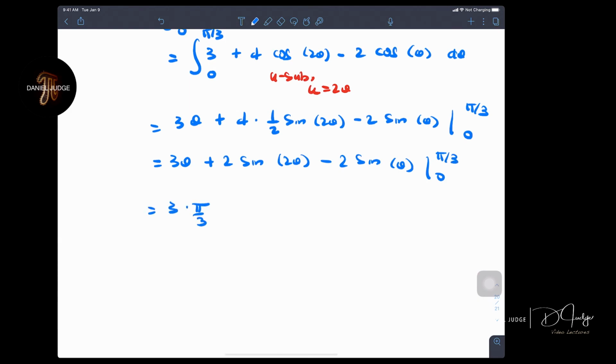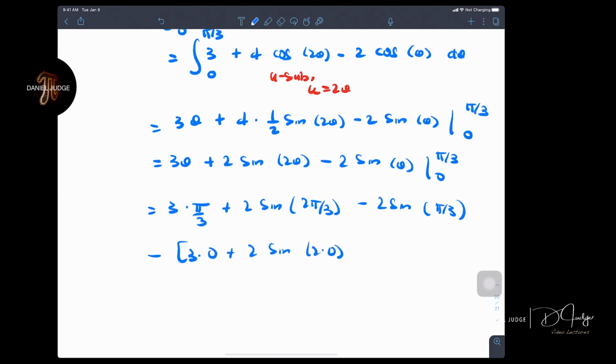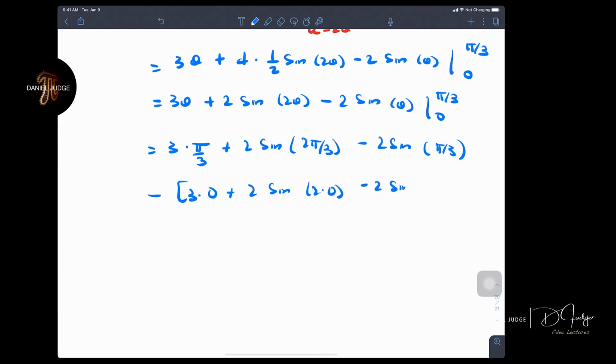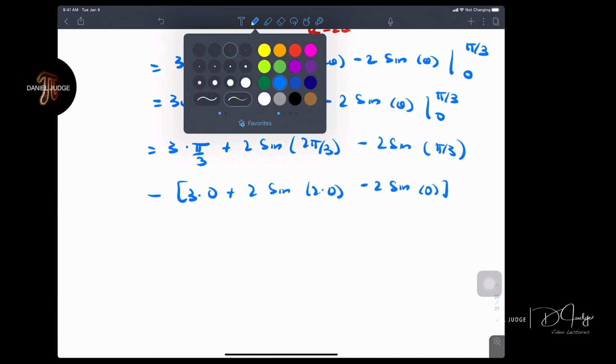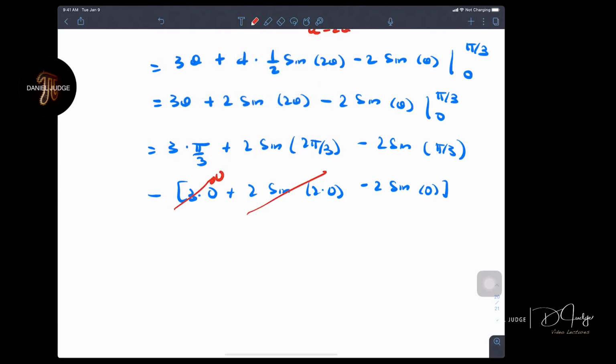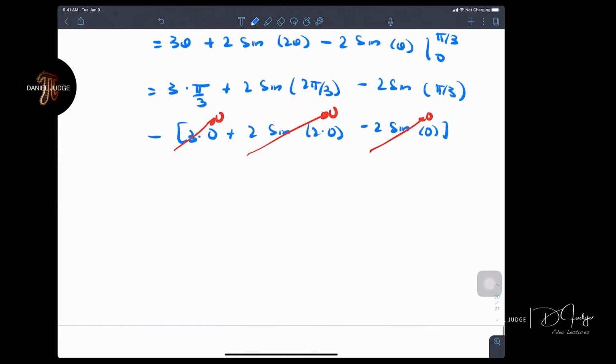Three times pi over 3 plus 2 sine of 2 pi over 3 minus 2 sine pi over 3, minus 3 times 0 plus 2 sine 2 times 0 minus 2 sine of 0. That's 0, 0, 0. 3 times pi over 3 is pi plus 2 sine 2 pi over 3 minus 2 sine of pi over 3.